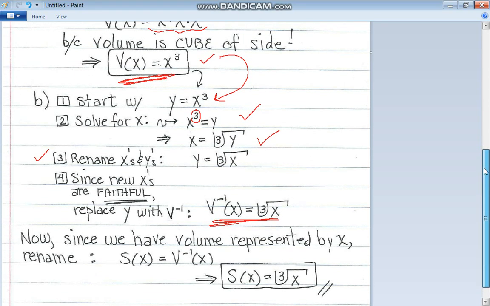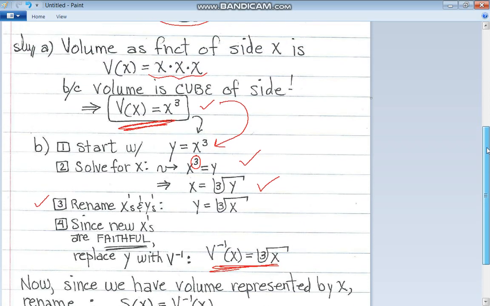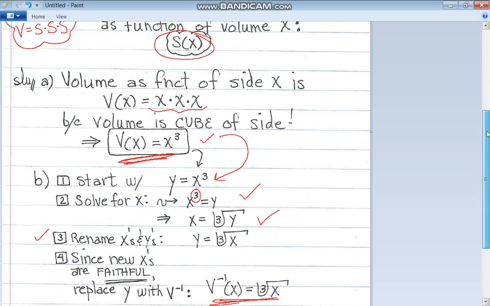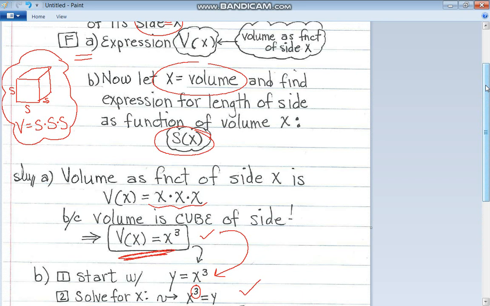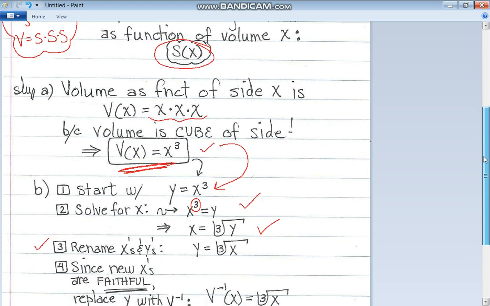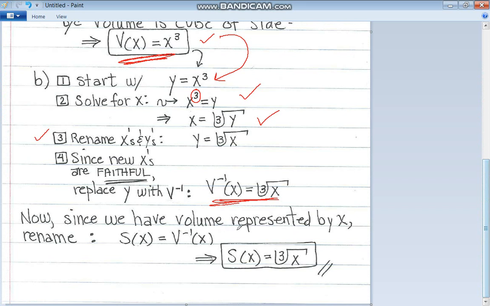Now, everything done here is perfect, but the question, part B, was, let's scroll up, now we're going to let x be the volume. So you should think of x as a volume, and what we're looking for is the side as a function of the volume. So since the volume is represented by x, we can rename v inverse as the side as a function of the volume x.